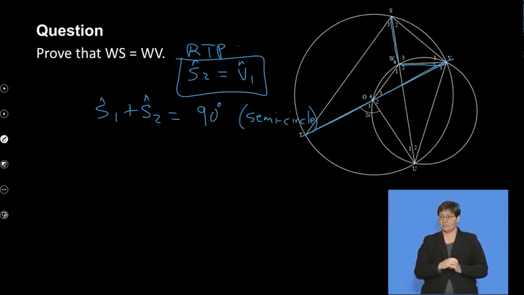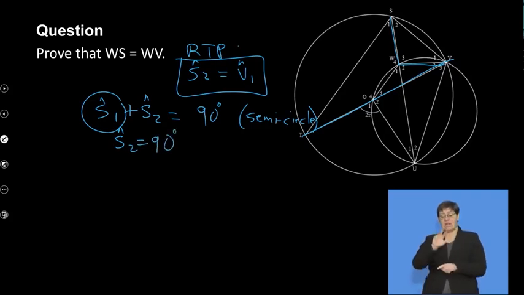So S1 plus that will be 90, but I know S1 to be x, because we found it from the previous one. So S2 is equal to 90 degrees minus x. So it means I must find V1 to be 90 degrees minus x in that particular triangle.